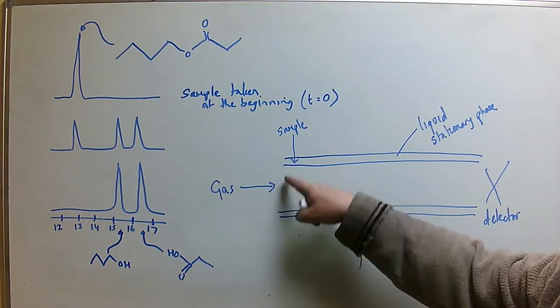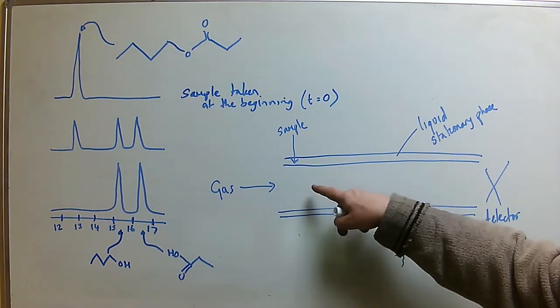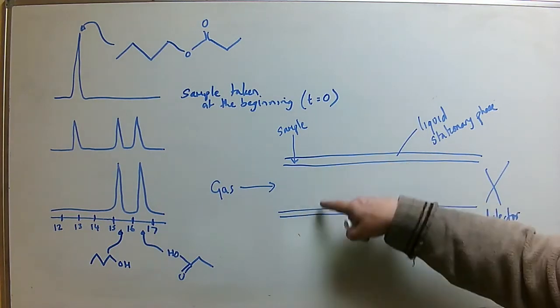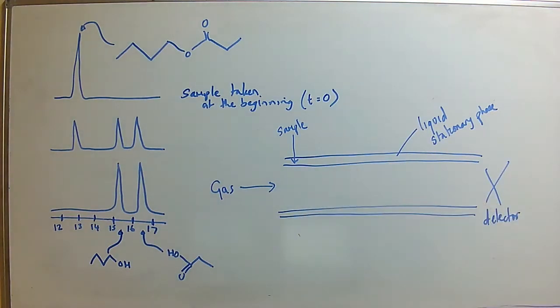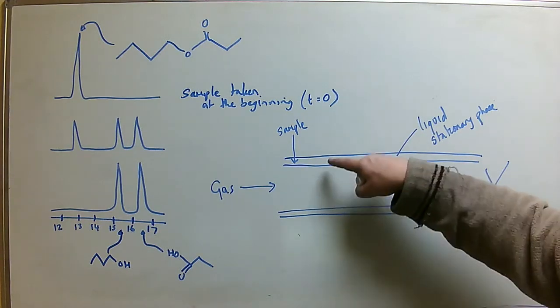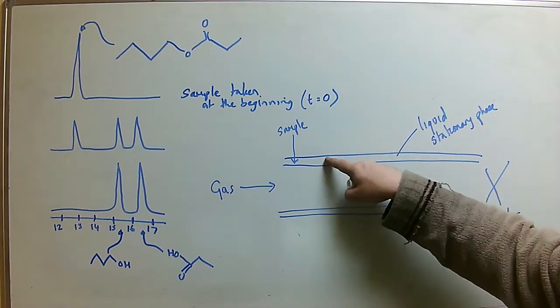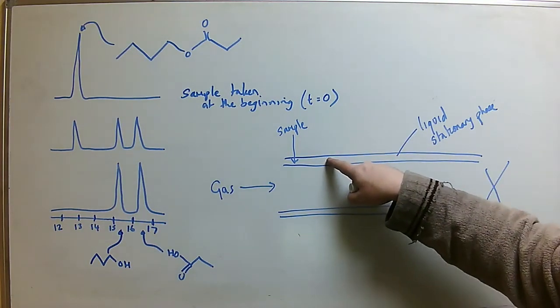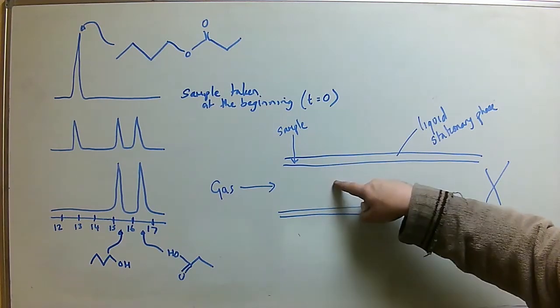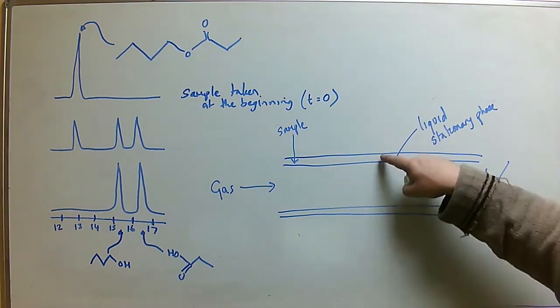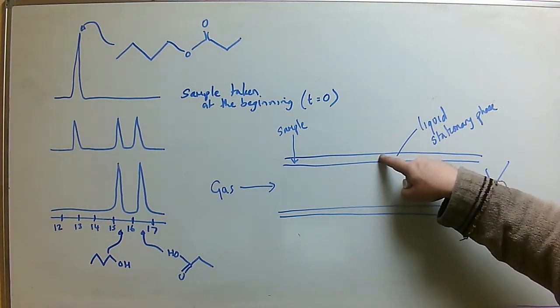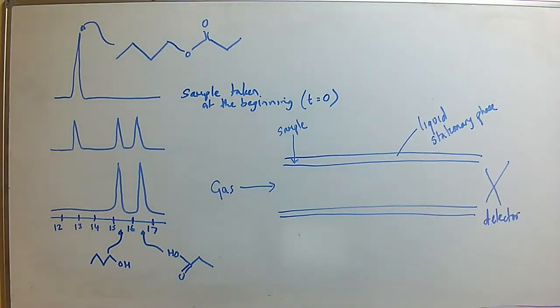So what will happen is the molecules of the sample get carried along in the gas, but they will have some tendency to dissolve in the liquid, just reversibly. So if a molecule happens to dissolve, it will dissolve in the liquid, and because the liquid isn't flowing, it will be stuck there until it vaporizes again. Then it will get back into the gas and keep moving, but then it might dissolve again and stop for a while before it vaporizes and keeps going.